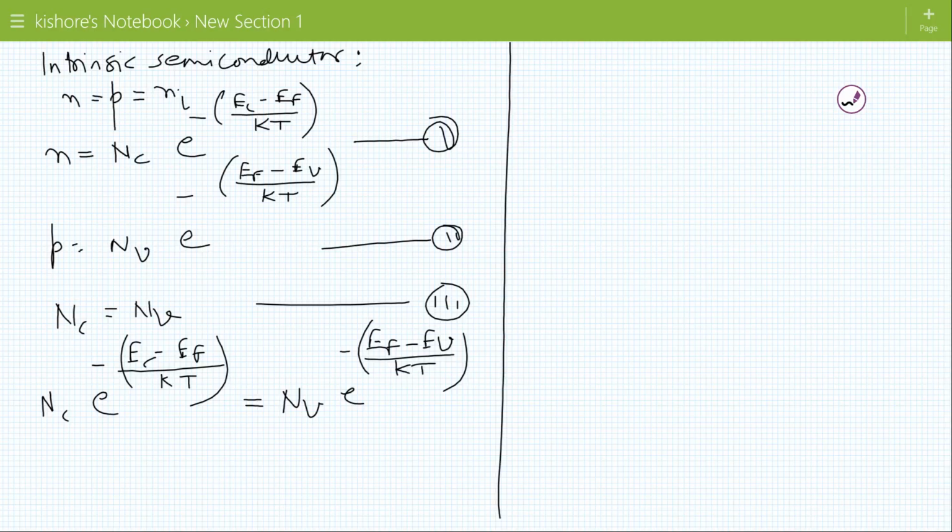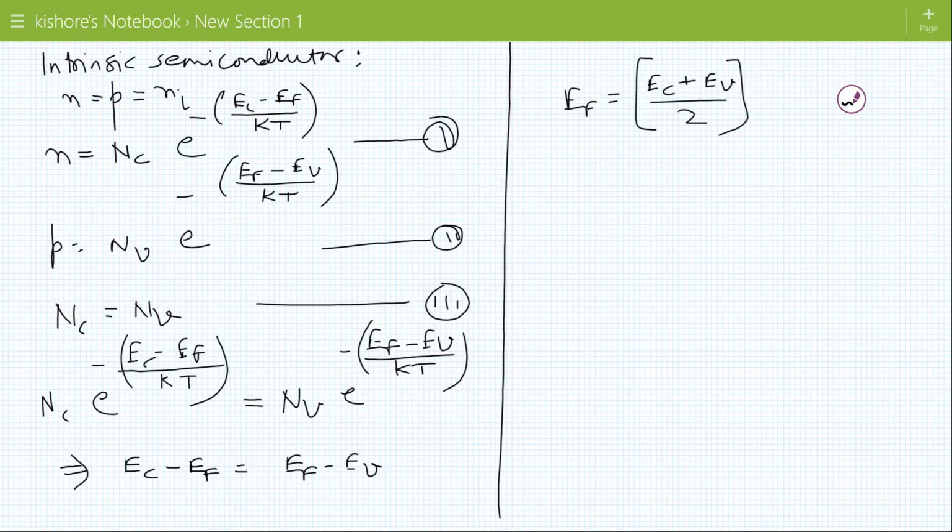So we have now Ec minus EF is EF minus EV. So EF is (Ec plus Ev) divided by 2, and this (Ec plus Ev) by 2 is Ei, intrinsic energy level.